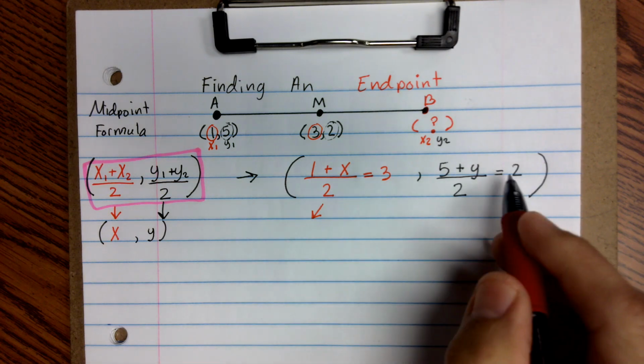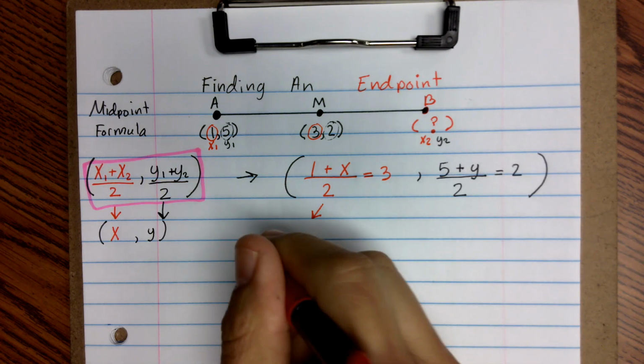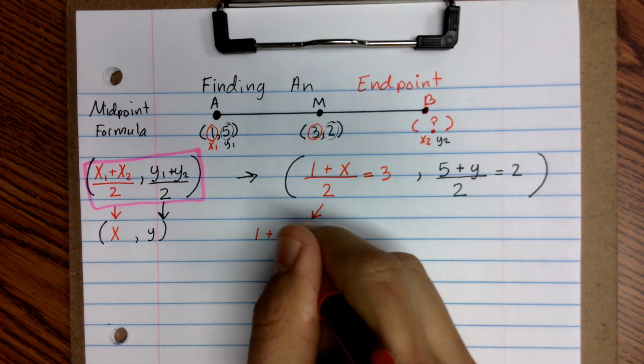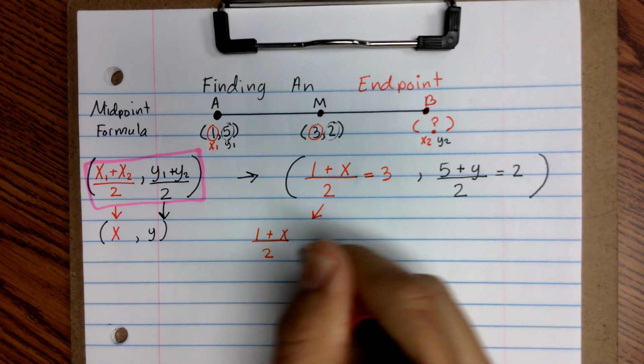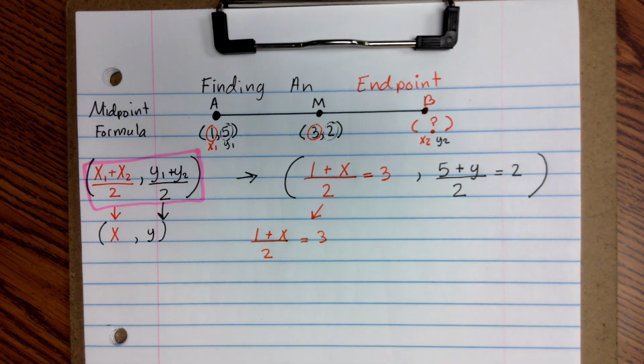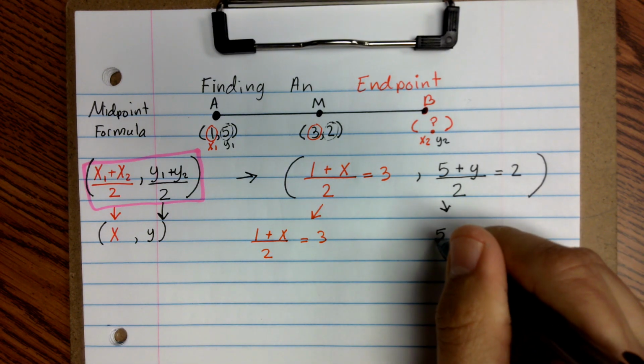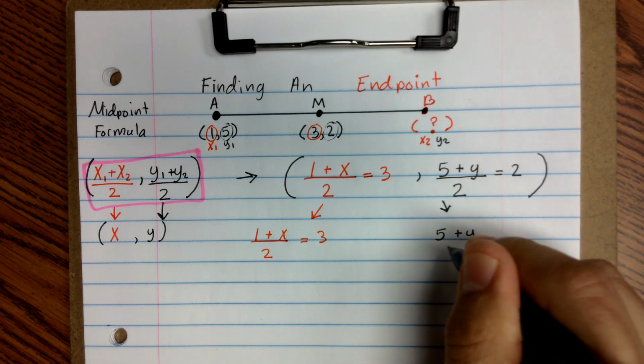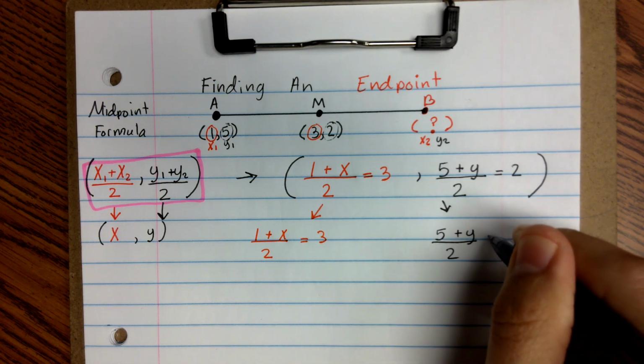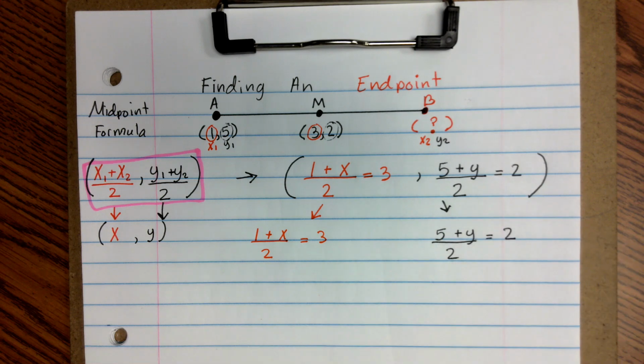This is going to tell me my ordered pair for X. This will tell me my ordered pair for Y. So I end up with 1 plus X over 2 is equal to 3. And for this one, because I'm just trying to give myself a little bit more room to work it out, I have 5 plus Y over 2 is equal to 2.